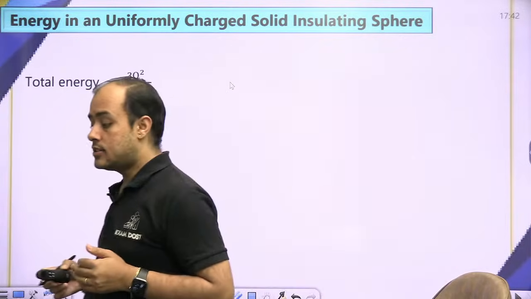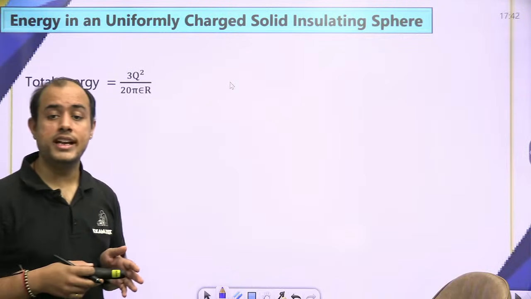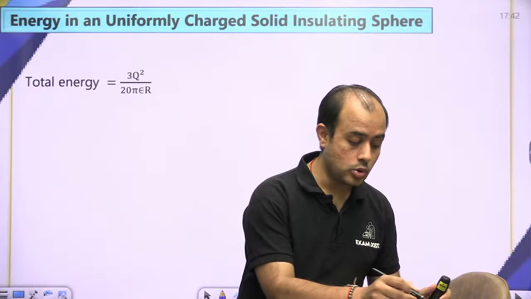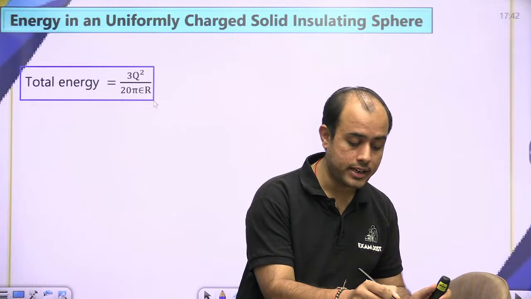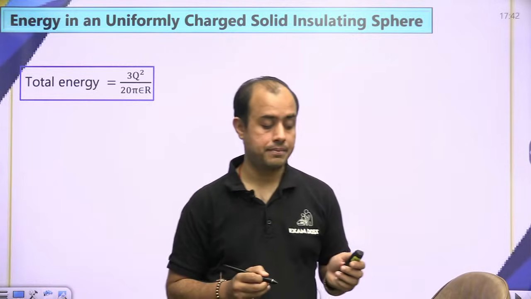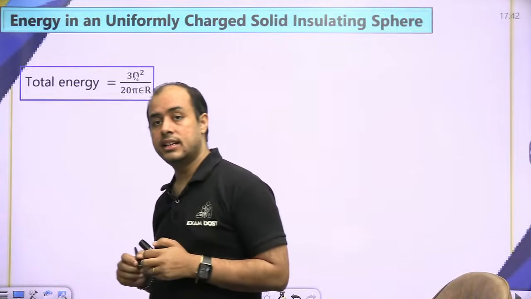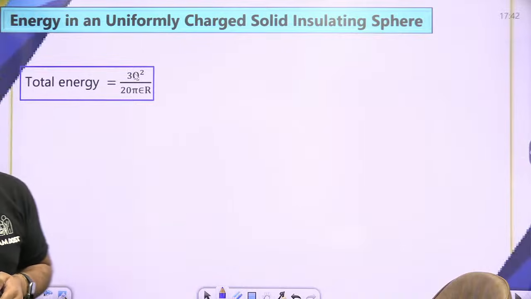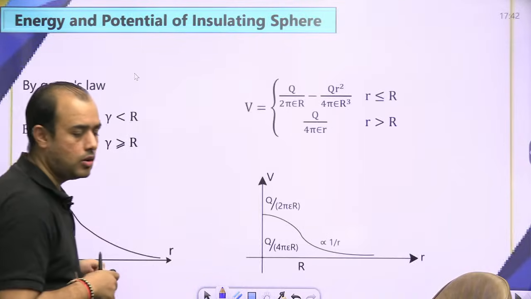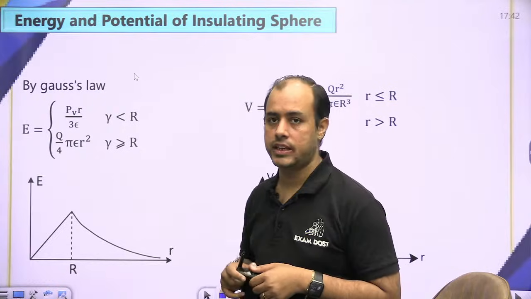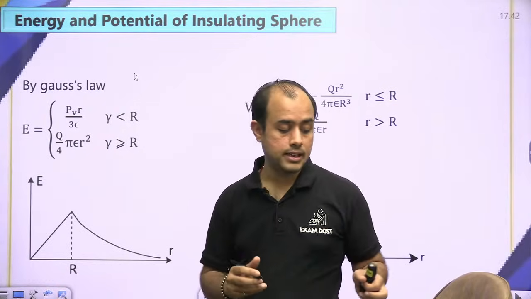Now, if the sphere is insulating, that is, it contains the charge within the bulk, the total energy is 3Q square by 20 pi epsilon r. So here Q square by 8 pi epsilon r, and here 3Q square by 20 pi epsilon r. Okay. Now, energy and potential of an insulating sphere. This we have already seen, beta.